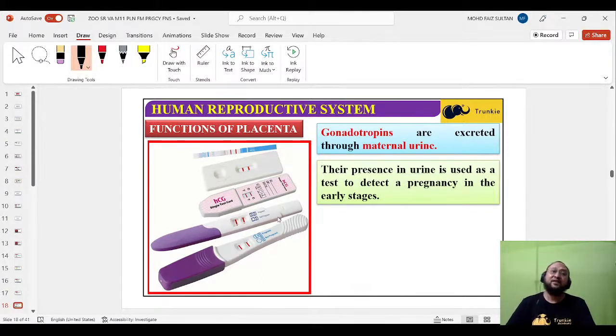That is why some pregnancy test kits are based on this gonadotropin testing mechanism. If gonadotropins are present in the urine of the mother, it indicates that the mother is already pregnant, has conceived.